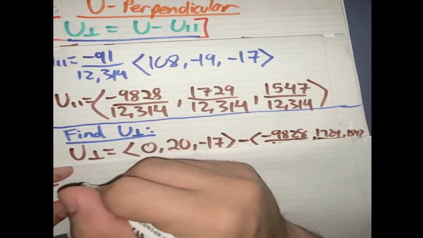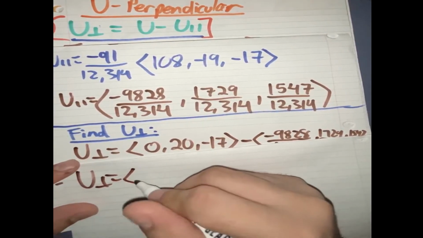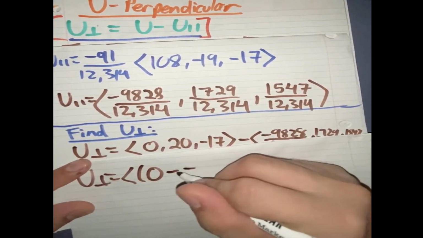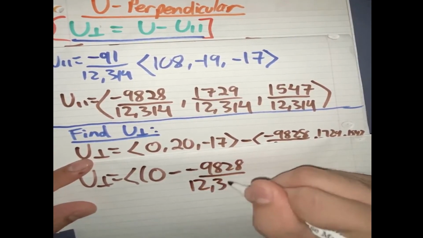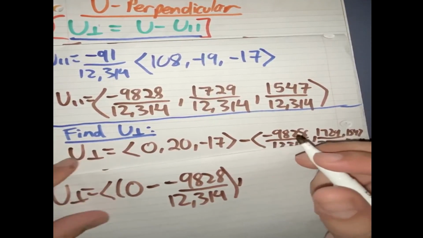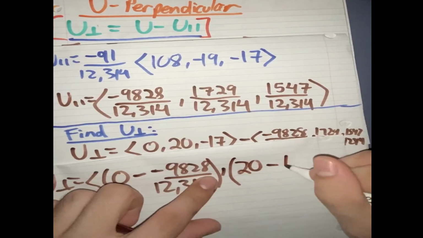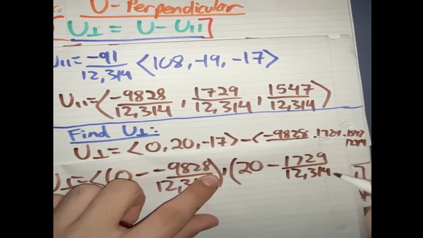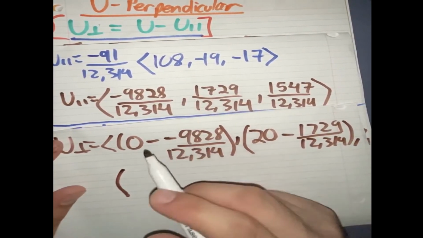So now computing u perpendicular, we get u perpendicular is equal to 0 minus this number, negative 9828, divided by 12314, comma 20 minus this number, and then all I'm simply doing is just showing the subtraction step by step.